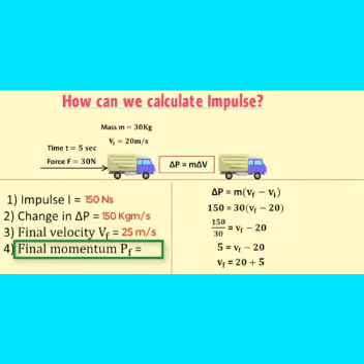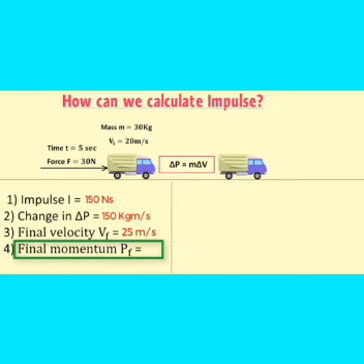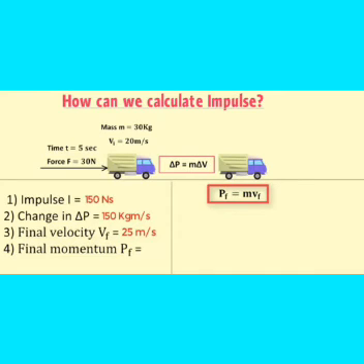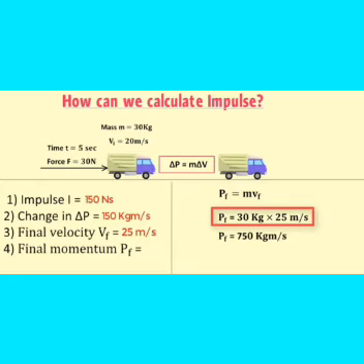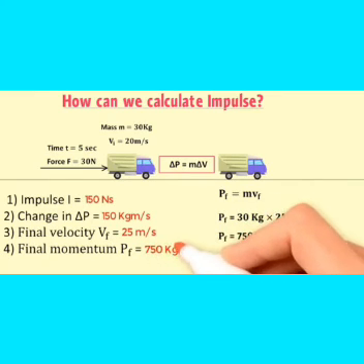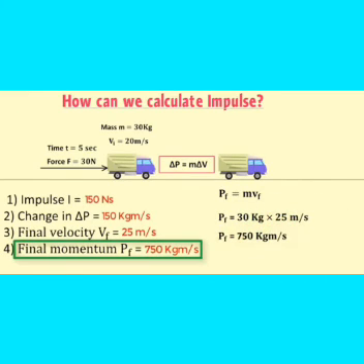Now, what about the final momentum Pf of the object? We know that Pf is equal to m Vf. Hence, Pf is equal to 30 kg into 25 meter per second. Thus, Pf is equal to 750 kg meter per second. Therefore, the final momentum Pf of the object is 750 kg meter per second.